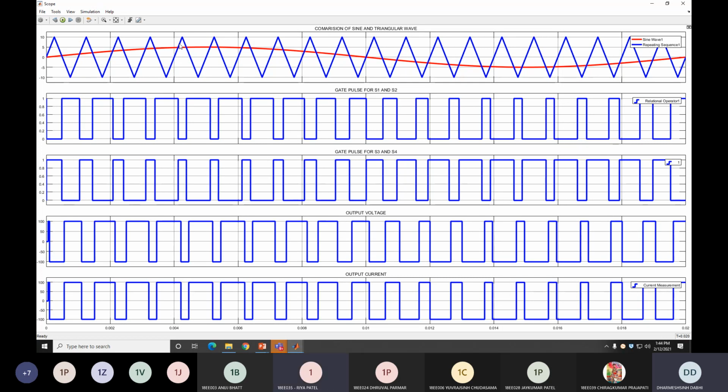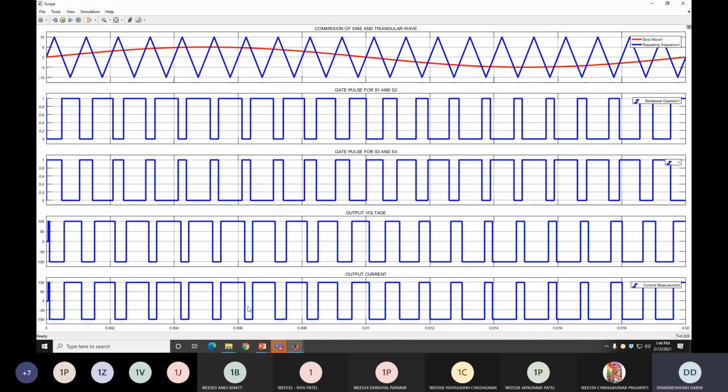Yes, sir. So there are two ratios, as we saw in the theory. One is the frequency modulation ratio, which is the ratio of carrier wave frequency to fundamental frequency. Clear? This ratio controls the harmonics in your output voltage.